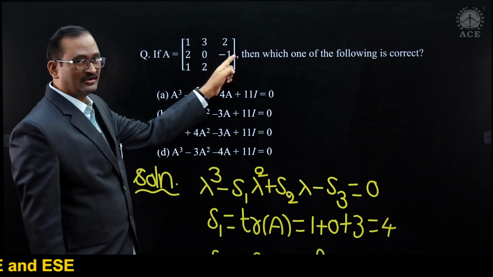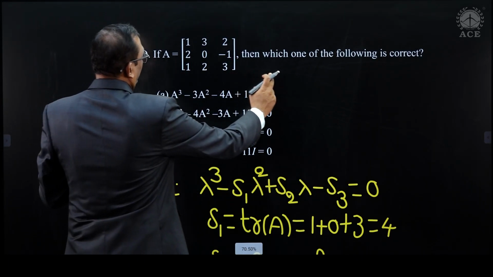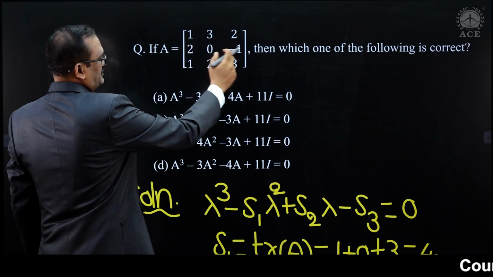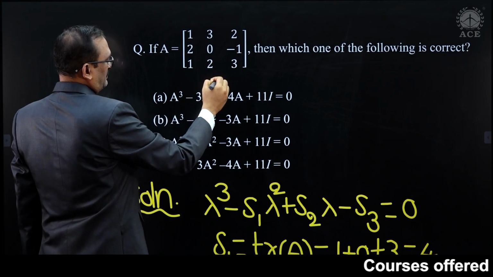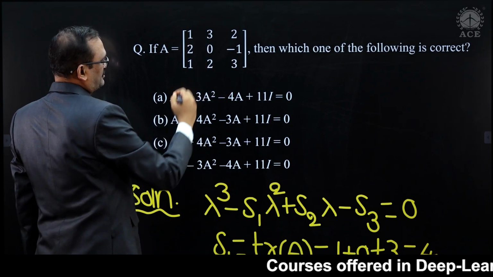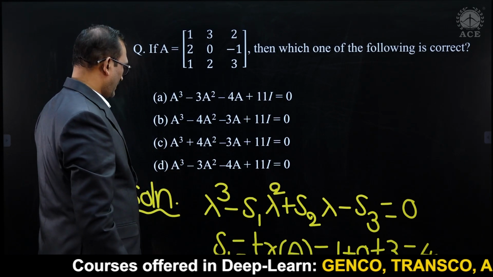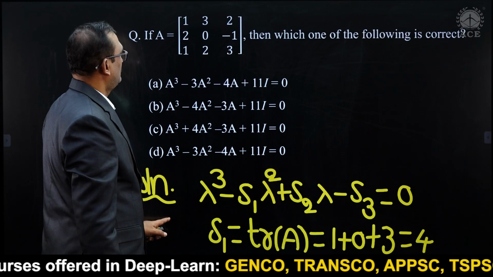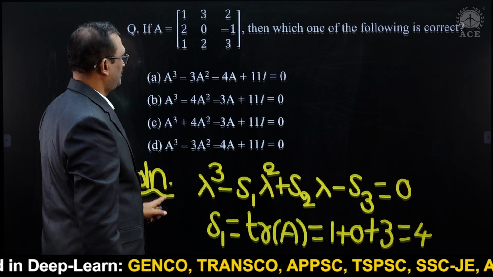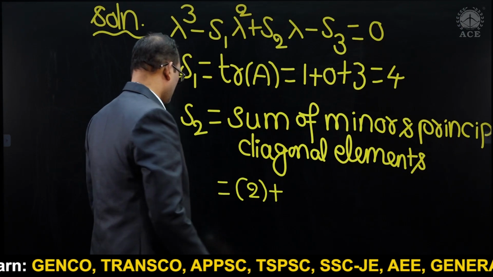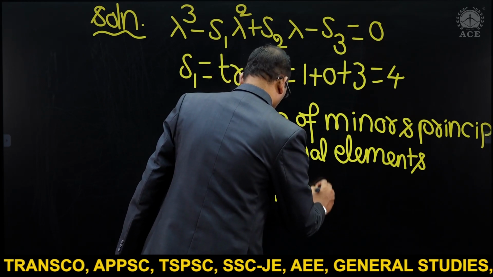To find the minor of this element 0, delete this row, this column, find the determinant. It is 3 minus 2, 1. Plus.